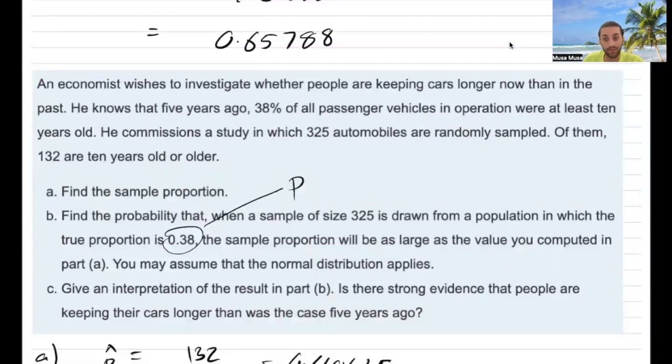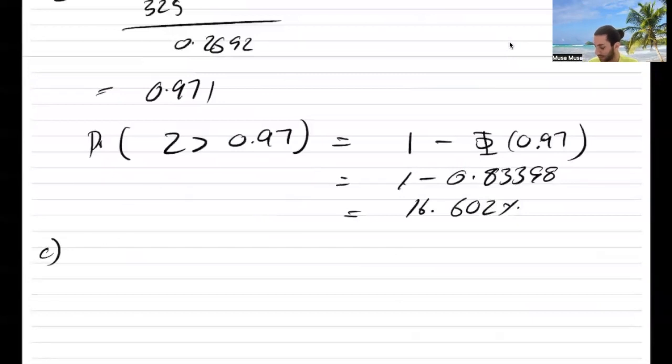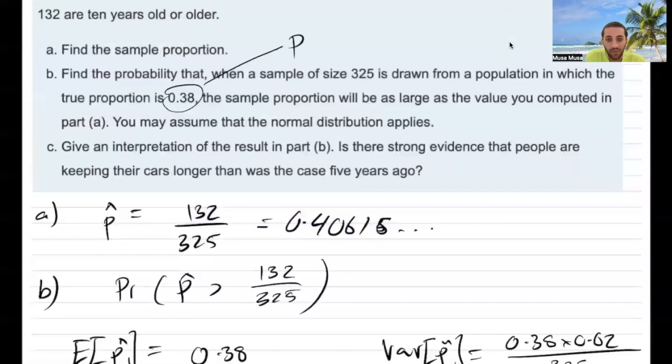So can you really say that just because your sample proportion is 40% now, that people are holding onto their cars for longer than 5 years ago, just because it's 2% more, given that there's around 83.4% chance that it's actually not higher than the 40%? No, it feels like it's more likely that it's probably the same or a bit less. There's definitely not strong evidence to say that people are holding on to their cars longer. So we'll say no to that part.